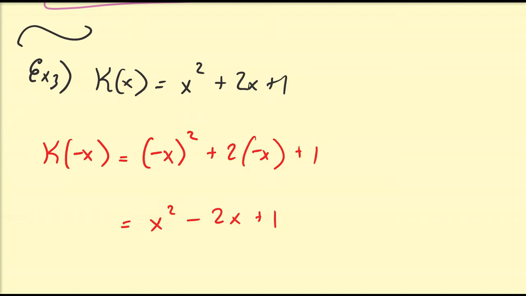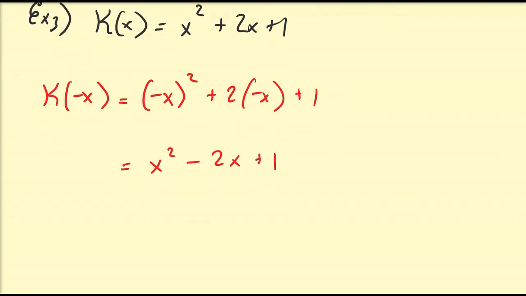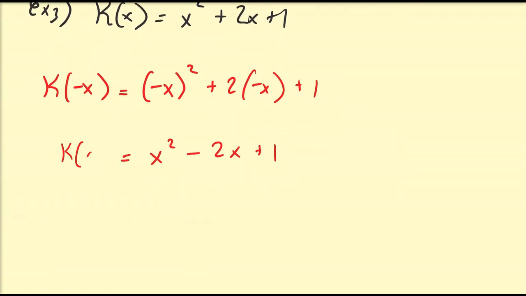So is this the same thing as the original, or is this the same exact thing as the opposite? So negative x squared minus 2x minus 1. So what do we have here? This is k of negative x. Can we rewrite this algebraically somehow that relates to the original?